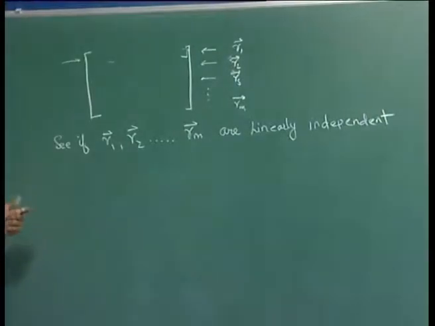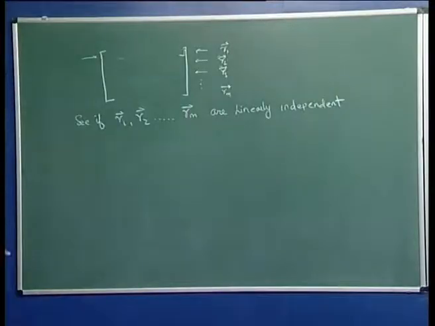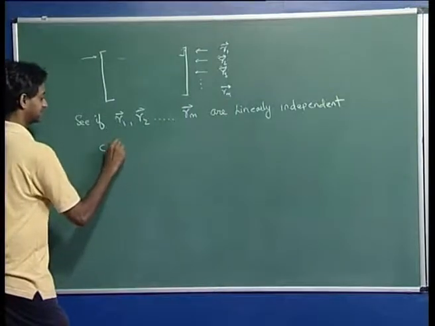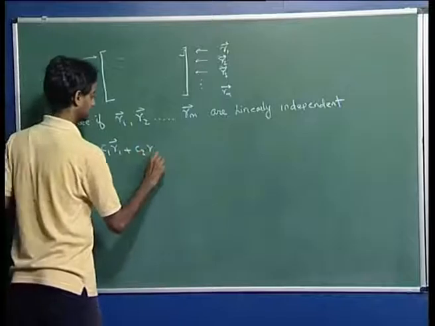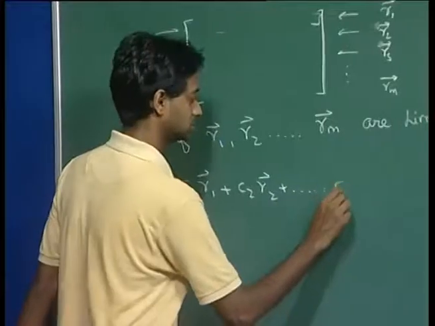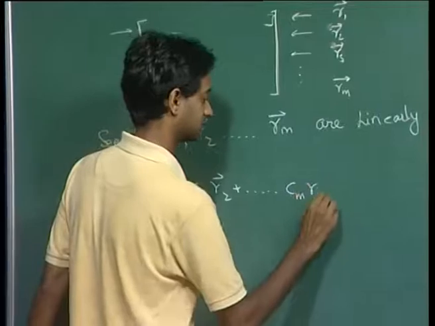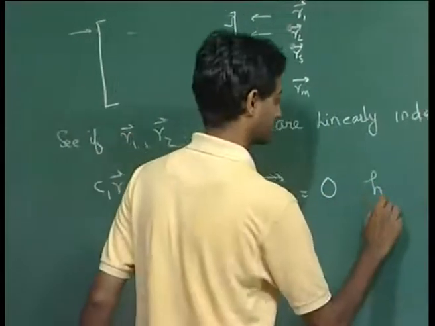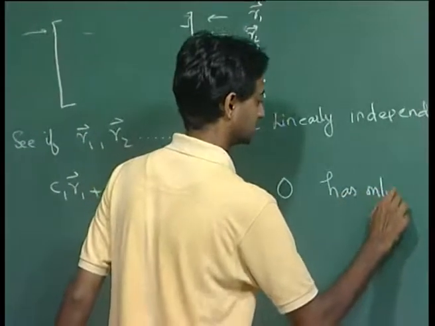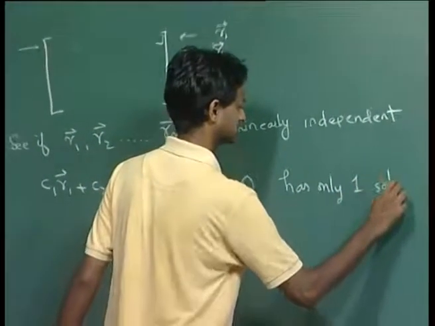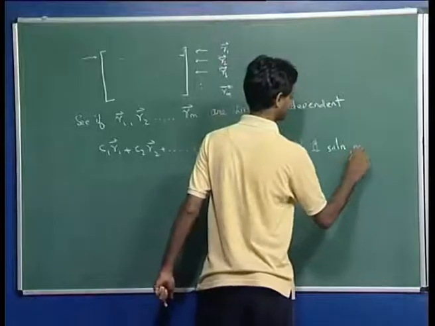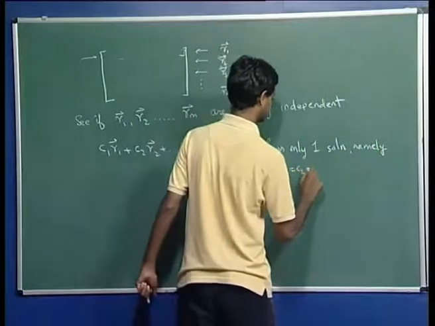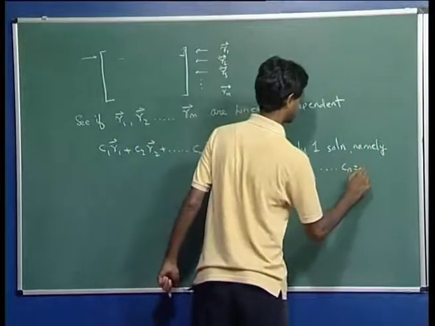Let me remind you that these vectors are said to be linearly independent if the equation C1 R1 plus C2 R2 plus and so on up to Cm Rm equal to 0 has only one solution, namely C1 equal to C2 equal to Cm equal to 0.